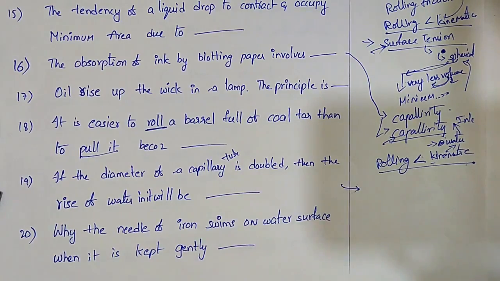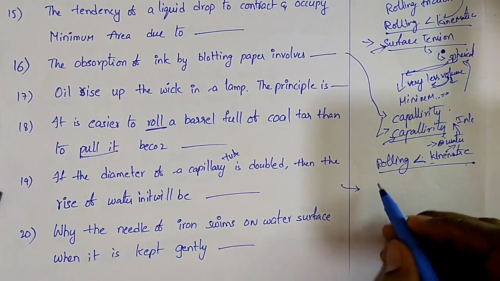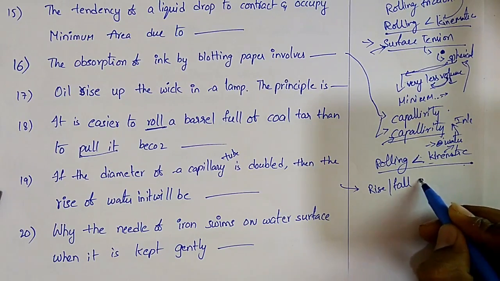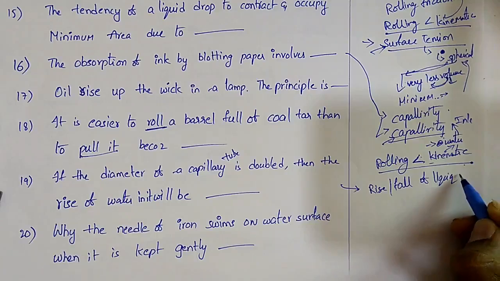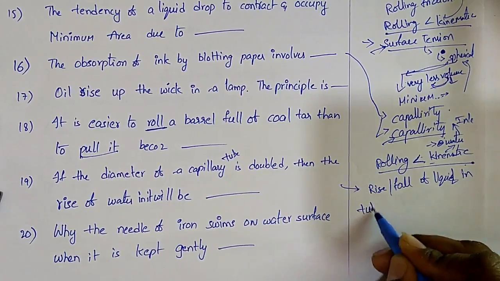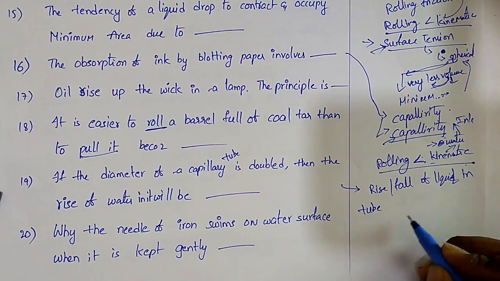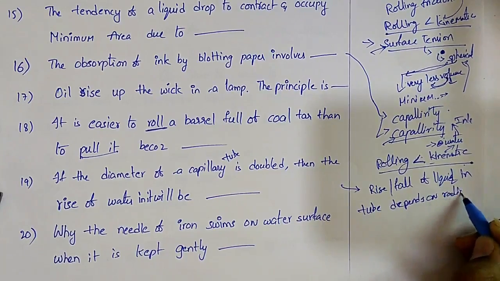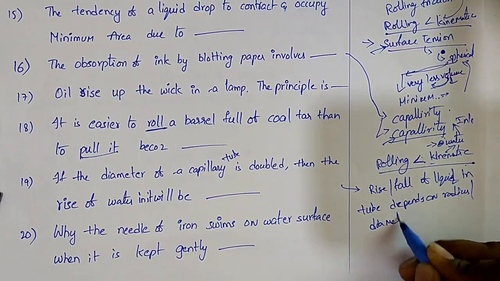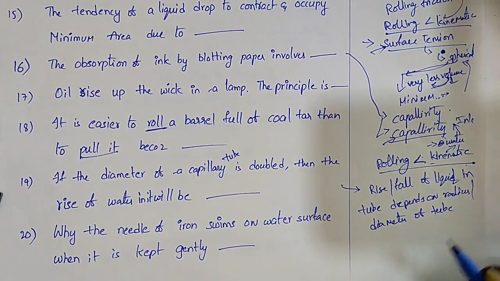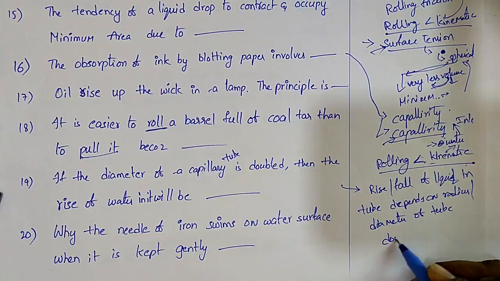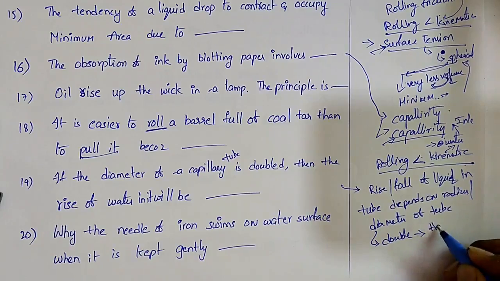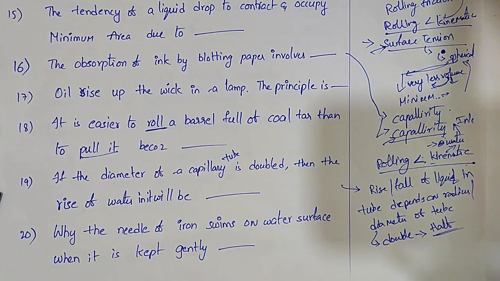We know the capillarity principle, and here the rise or fall of liquid in tube depends on radius of tube or diameter of tube. If the diameter is doubled, then rise of water will be half.